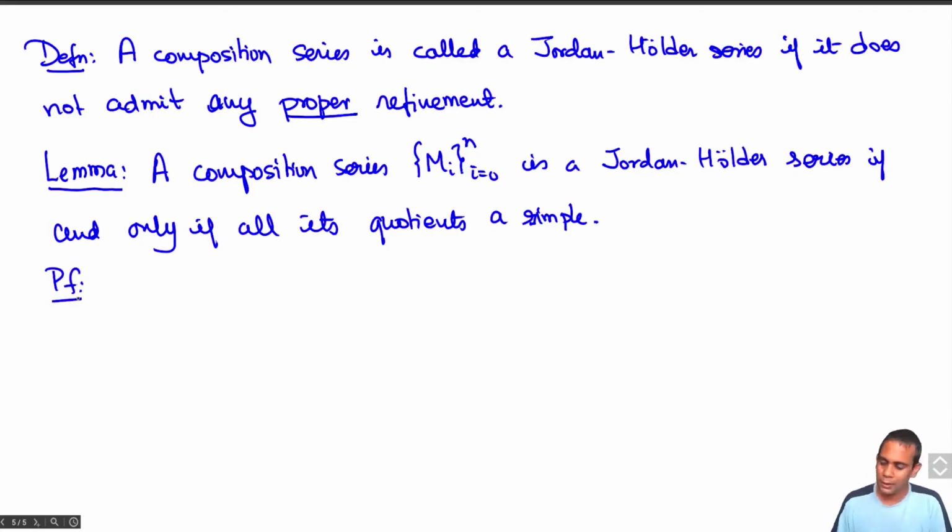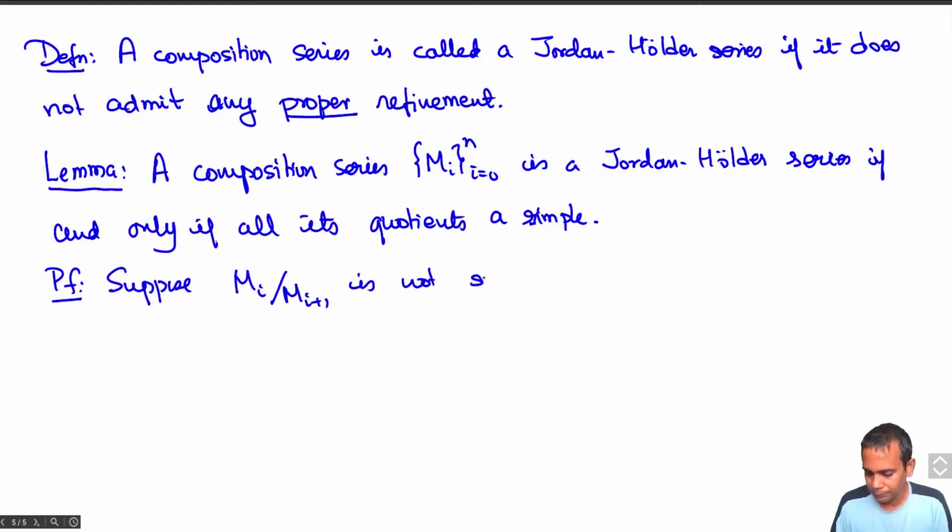So we have two ways to prove. So suppose one of the quotients is not simple. So suppose M_i mod M_{i+1} is not simple.